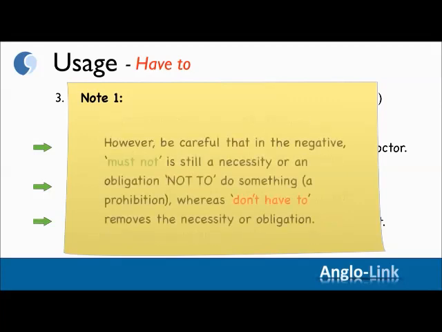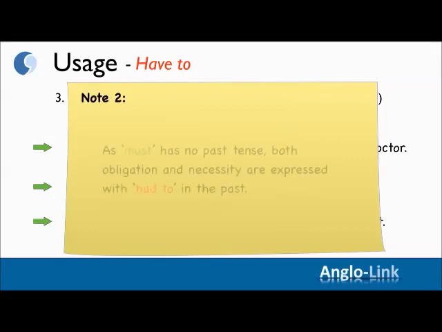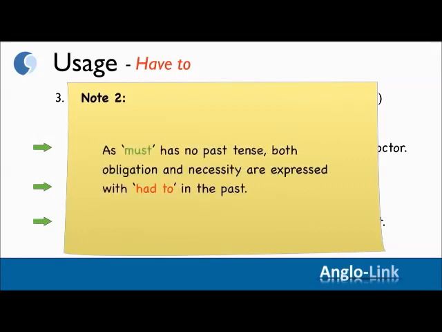However, be careful that in the negative, must not is still a necessity or an obligation not to do something. It's a prohibition, whereas don't have to removes the necessity or obligation. Also note that as must has no past tense, both obligation and necessity are expressed with had to in the past.